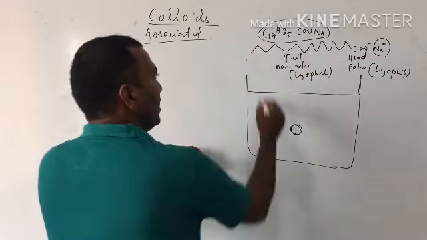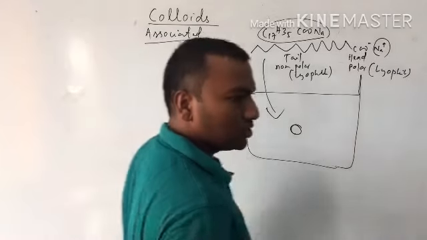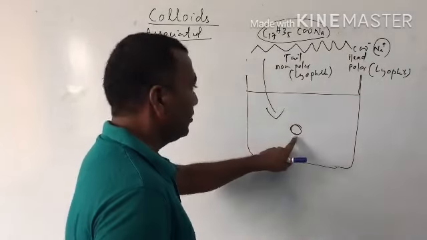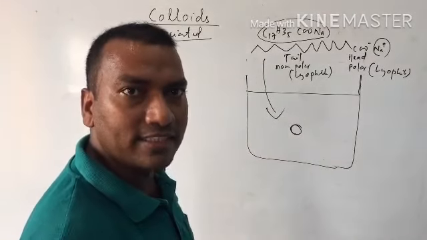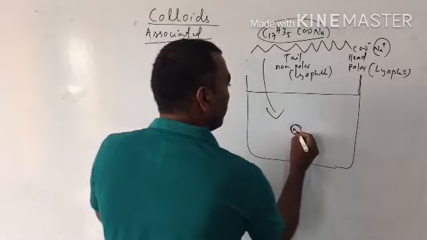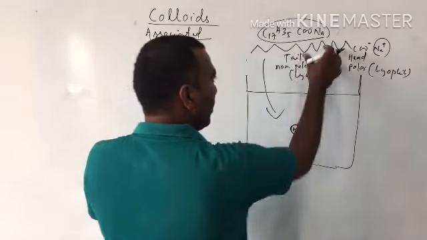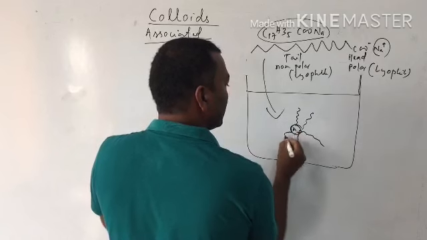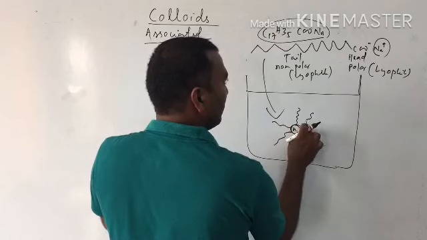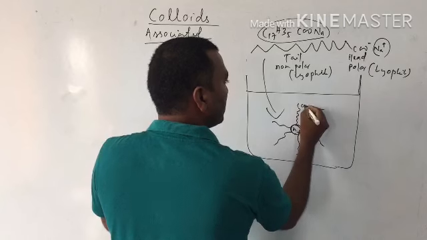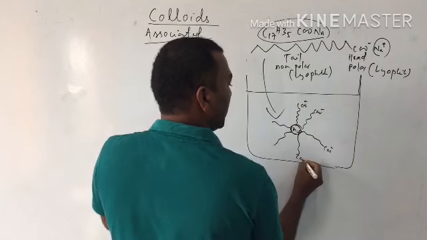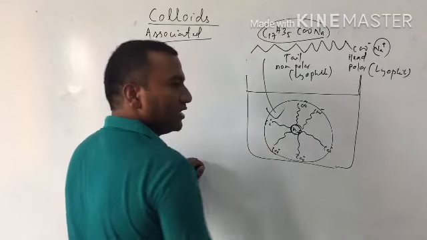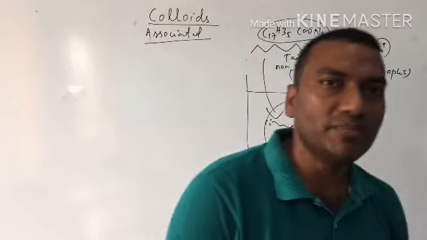Understood? So when soap is added to this water, in normal water the grease is not washed, because this part is also non-polar. When soap is added, the soap molecules are like this. These are the carbon tail parts, and this is the head part, COO minus, COO minus, like this. So it forms an ionic cluster which is known as micelles.